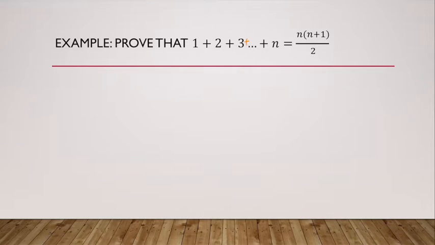So that means that 1 equals, I'm plugging in 1 for n, 1 times 1 plus 1 divided by 2. Well, 1 times 2 is 2 over 2 is 1, right? So S of 1 is true.